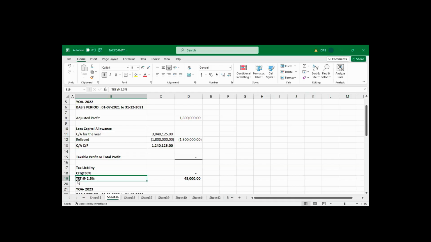That's adjusted profit. 2.5% of 1.8. It will give us how much? 45,000.